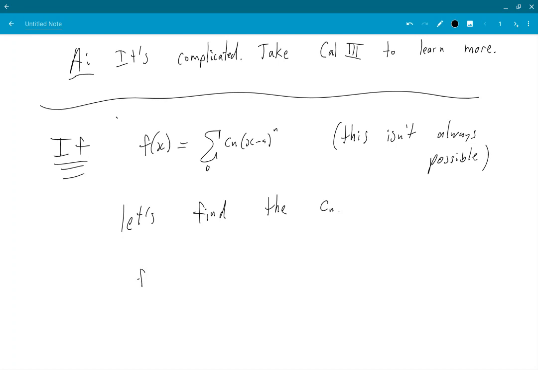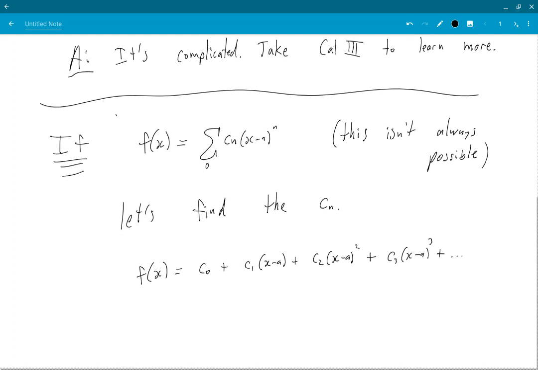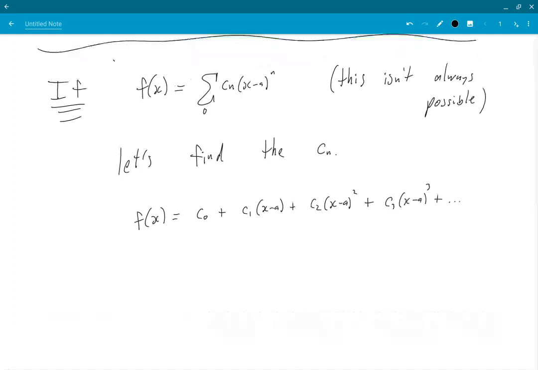Well, okay, so f of x is going to be C0 plus C1 (x minus a) plus C2 (x minus a) squared plus C3 (x minus a) cubed plus dot dot dot. So we're going to start taking derivatives.